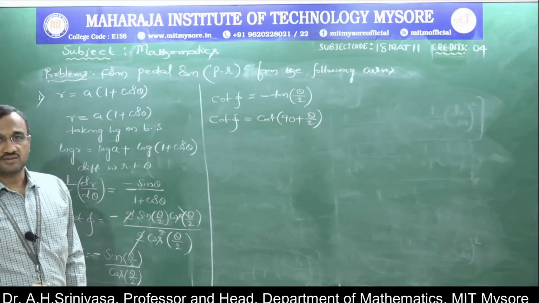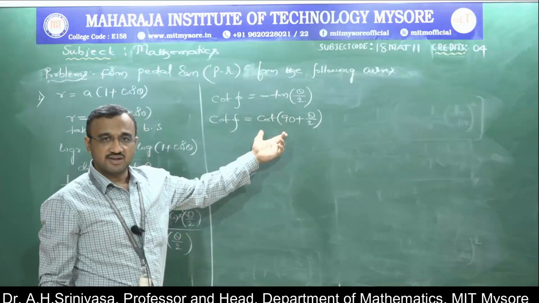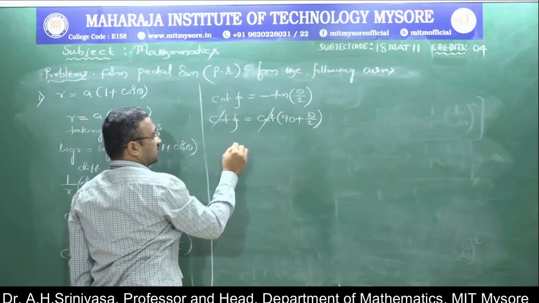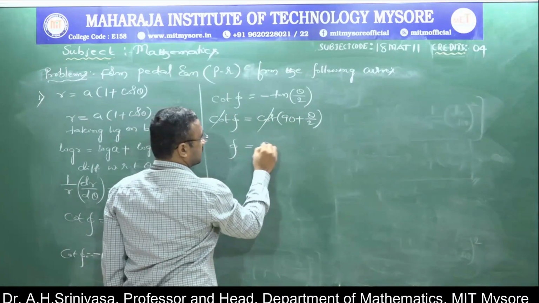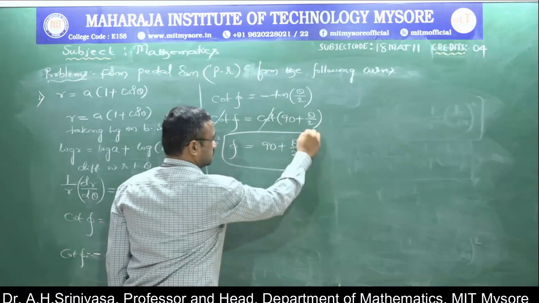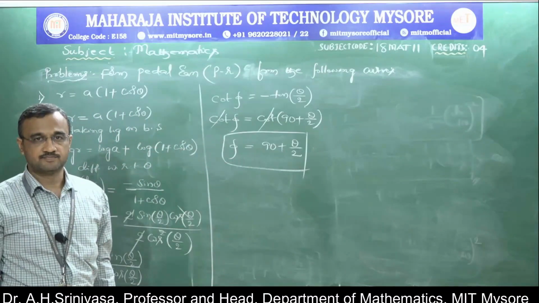It's the second quadrant. Sine is the only positive, the other functions are negative. Write down cot of 90 plus theta by 2. Now cancellation of this, phi is 90 plus theta by 2. Now we get the angle of phi, where directly we get the value of phi.